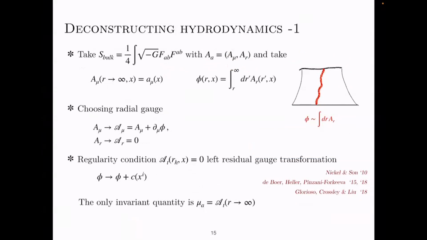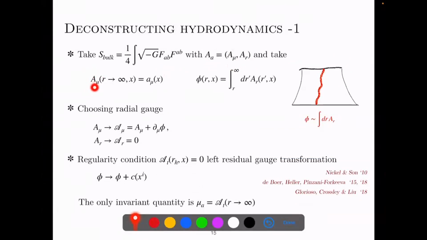Now what I can do is say, well, the boundary component at infinity would be just the boundary gauge field, and I also have the additional operator, which is the Wilson line connecting from the boundary to the horizon, or to some radius r. Now I can choose the radial gauge and move these objects to combine with the gauge field in the bulk into this object.